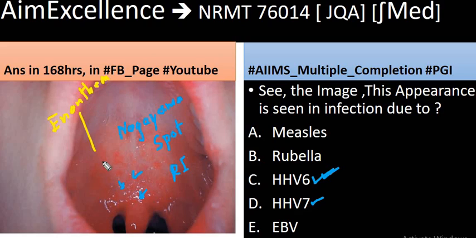So it is an enanthem, and you know exanthem also, which occurs in measles and rubella both, and many other causes, but this is enanthem because it occurs within the body. This is the Viva question. It's a trickier Viva question that can be asked in pediatric Viva.